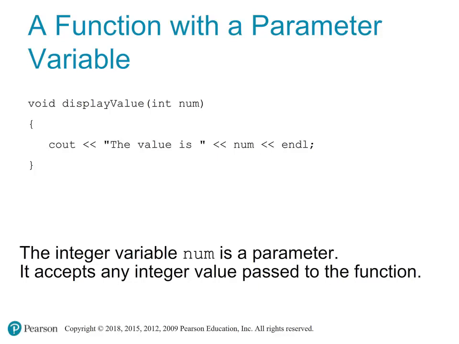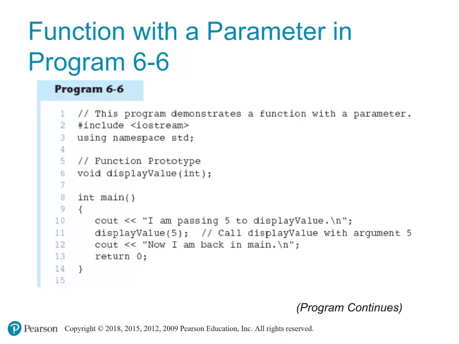The parameter num accepts any integer value passed to the function and uses it within the function body to display the message. The value is the value stored in num.